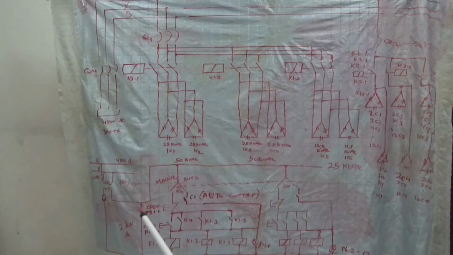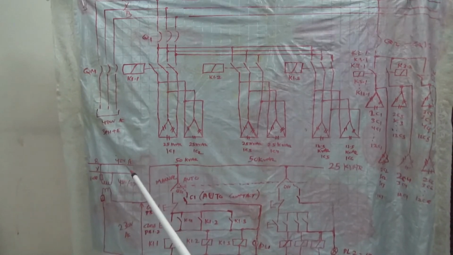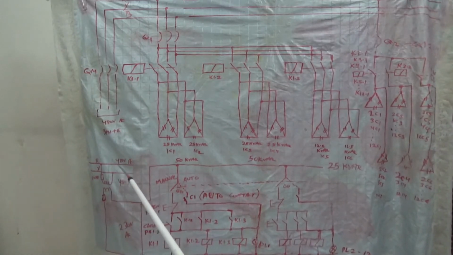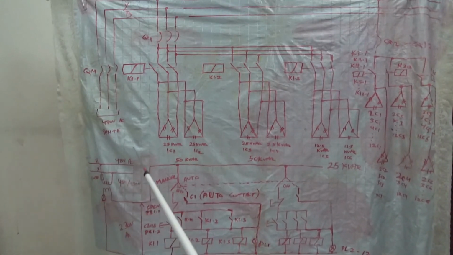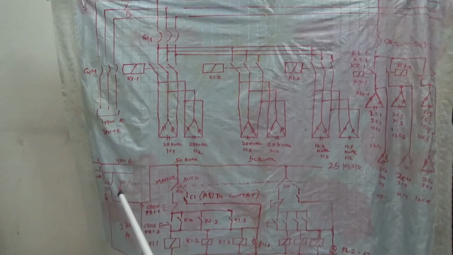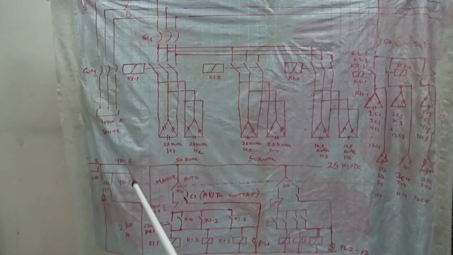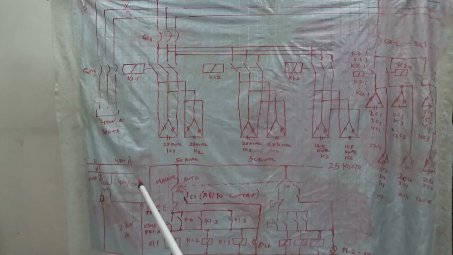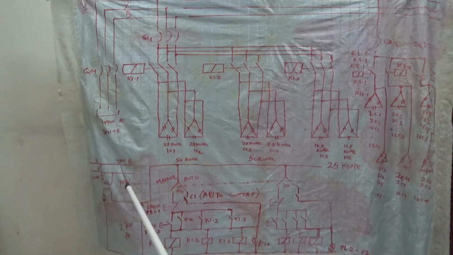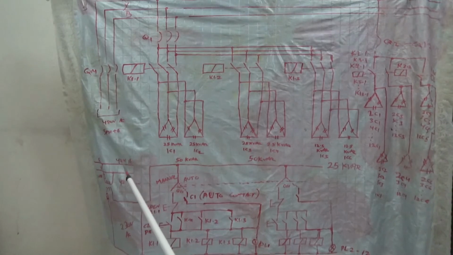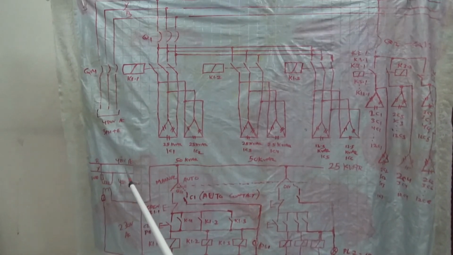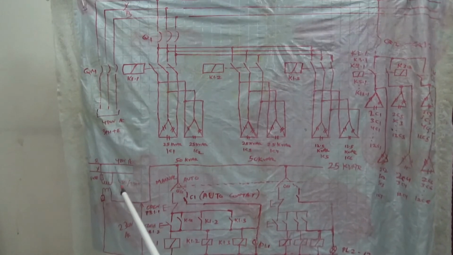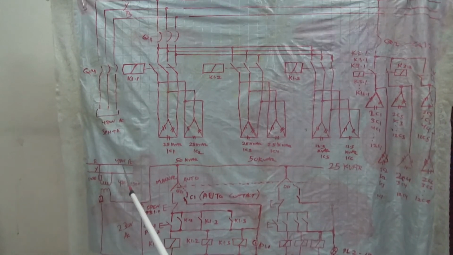Coming to the control circuit, we have our 480 volt system. But since some components like push buttons and pilot lights are wired onto the door, this 480 volt cannot be used as control voltage, because by some accidental contact with any live parts, somebody will get severely shocked.